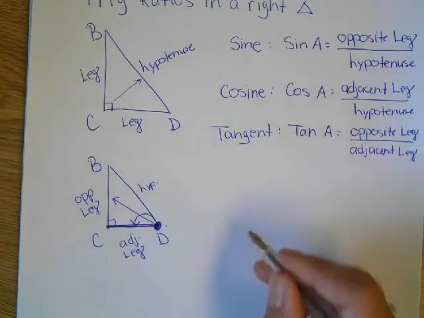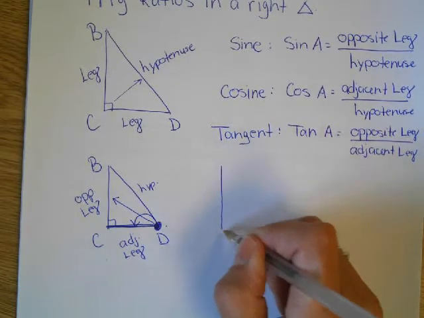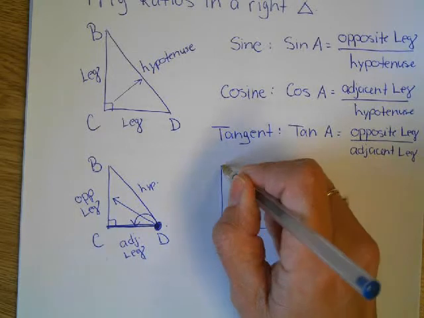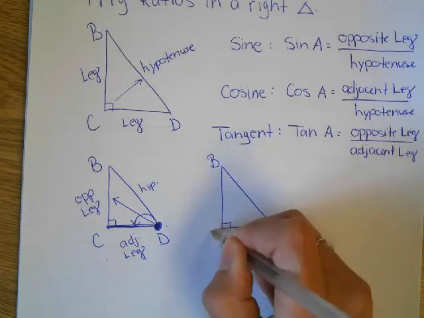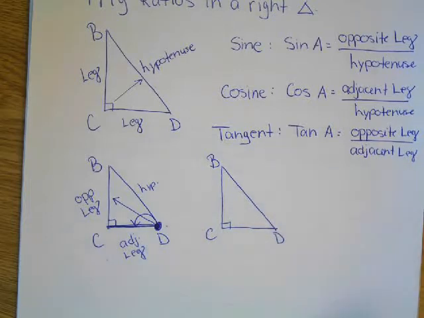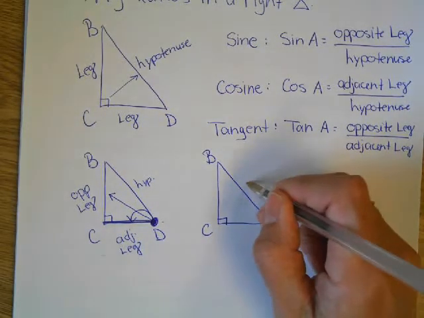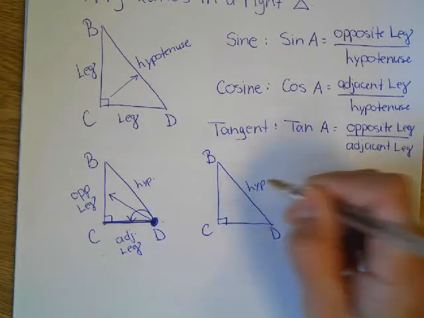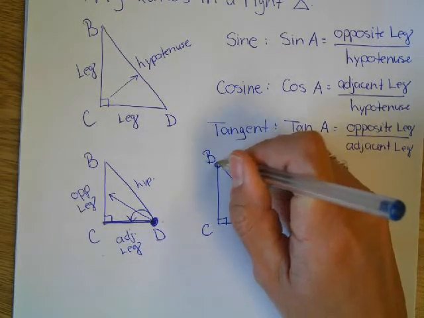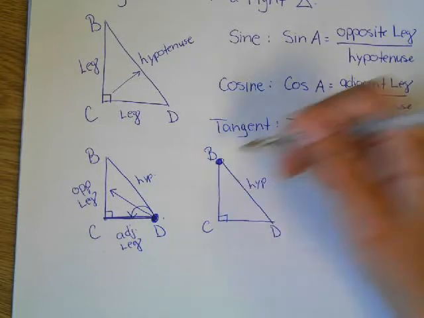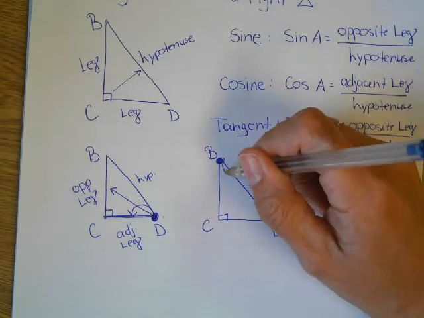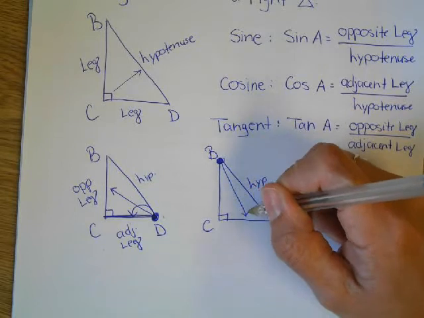Now I'm going to move myself. I told you we could stand at either of those two angles. So we're going to move ourselves up to angle B and see what changes. So hypotenuse doesn't move, across from angle C. But now that B is my reference, when I look across the triangle, that'll be my opposite leg. So across the triangle is down here.